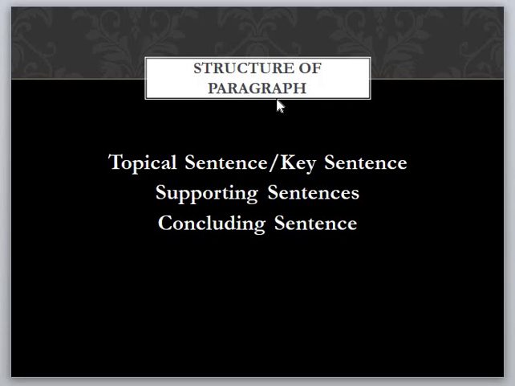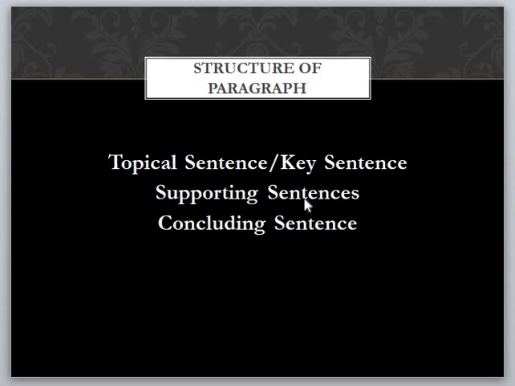Here you can see the structure of a paragraph. First of all, you will write a topical sentence, a key sentence. You will introduce the topic, the main idea which you are going to talk about in the paragraph, right? After that, you will write the supporting sentences or supporting details related to this topical sentence, right? In the supporting details, you can add examples, evidence, and details according to a logical sequence, keeping in mind coherence, in which you will add connectors as well.